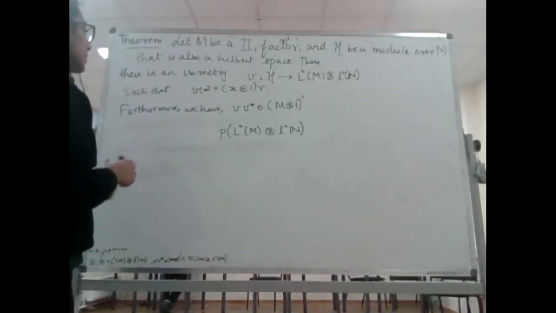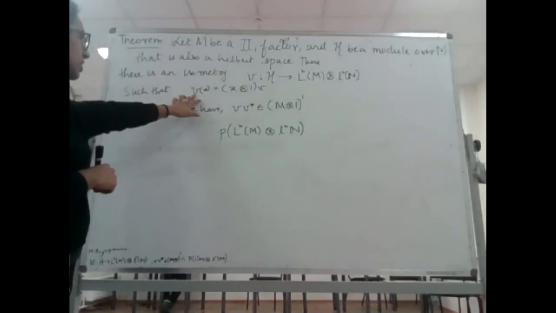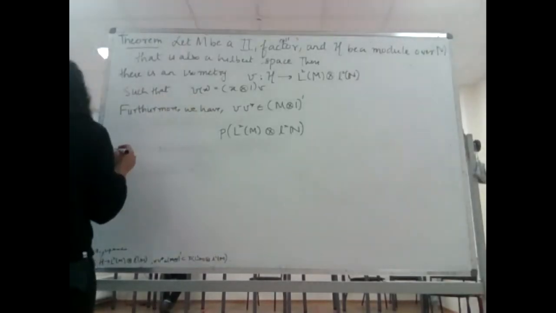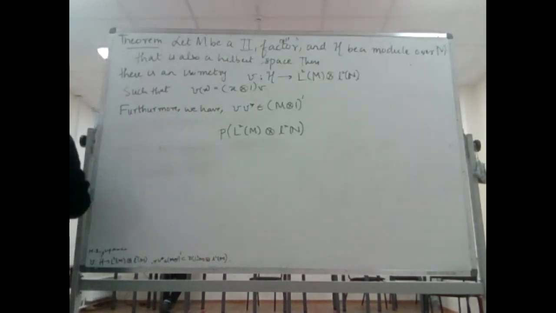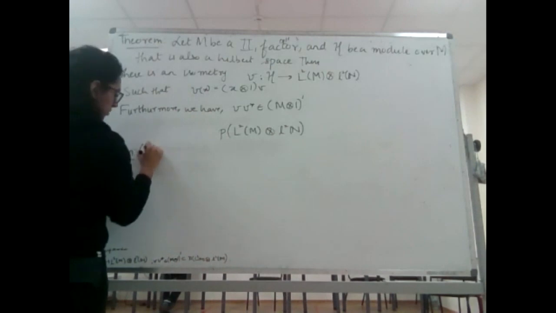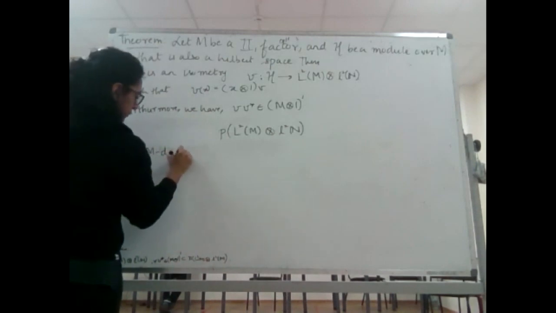Now that we have this isometry in place, we define the dimension. It's also called the coupling constant or the M dimension.